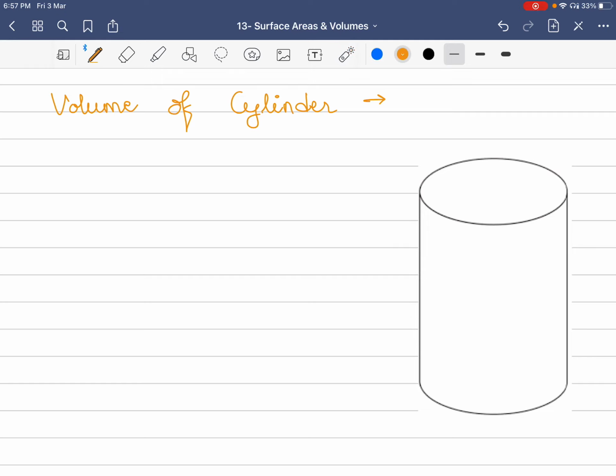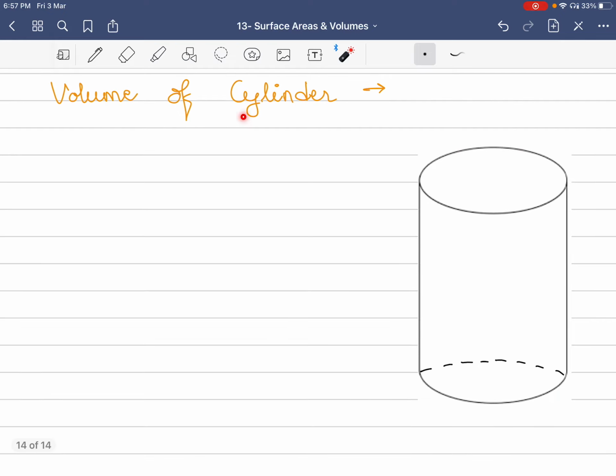So this is the hidden circular base of the cylinder. Let me draw it in a better way. So it has a circular base both at the bottom and at the top of the cylinder. Now we want to calculate the volume of the cylinder. We all know how a cylinder is constructed.